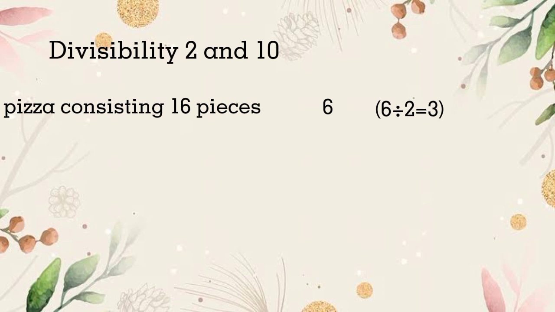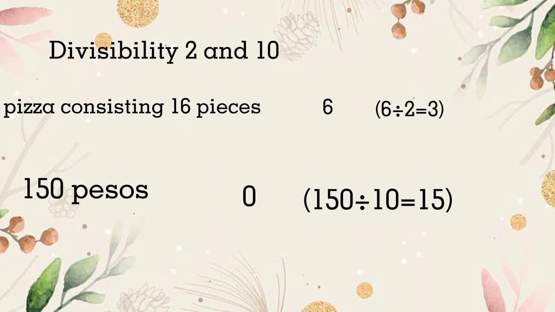So we can say that it is divisible by 2. And next, it costs them 150 pesos. So using the divisibility rule of 10, the last digit is 0. So 150 divided by 10 is equal to 15. So we can say that it is divisible by 10.